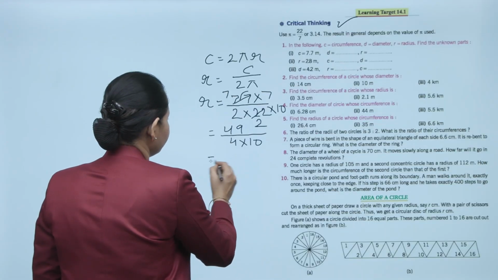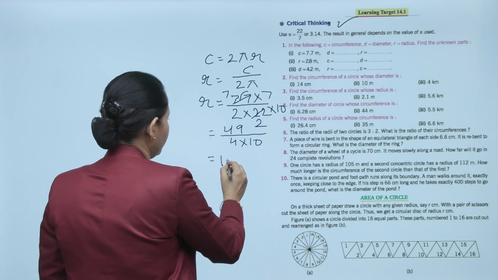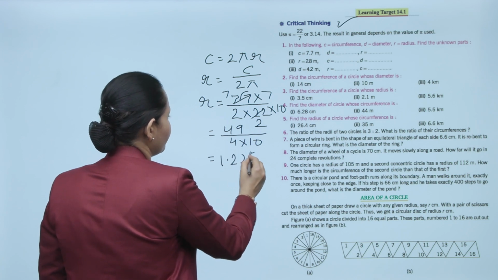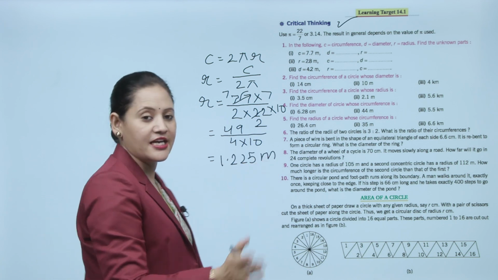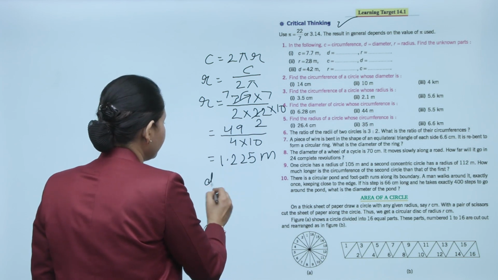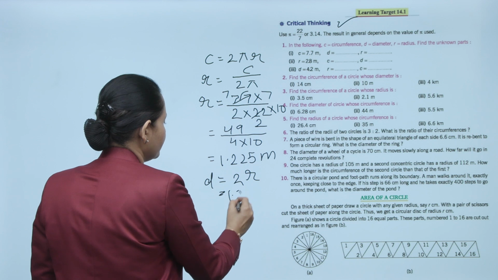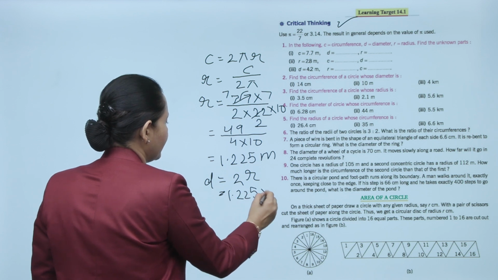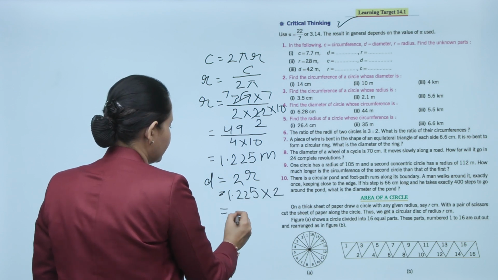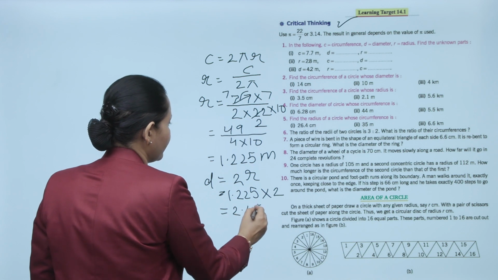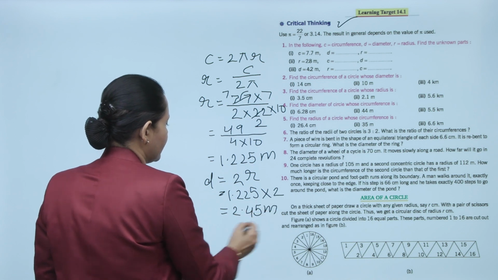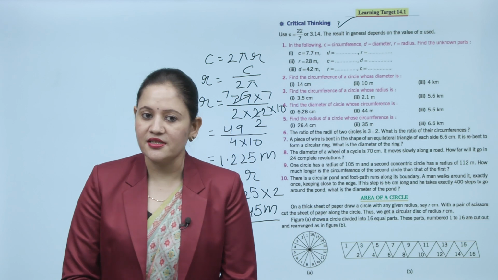So this will be 1.225 meter. That is our radius. Diameter will be equal to 2r, means 1.225 multiplied by 2, that is 2.45 meter. That is our diameter. Clear?